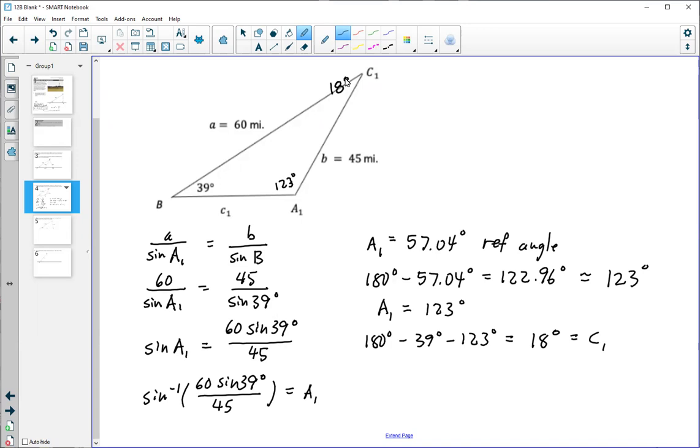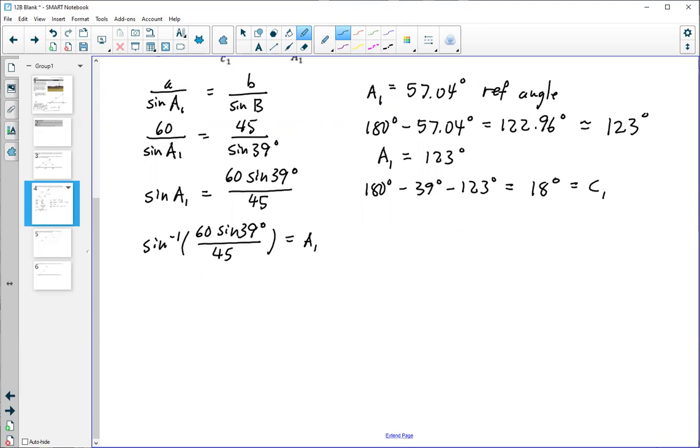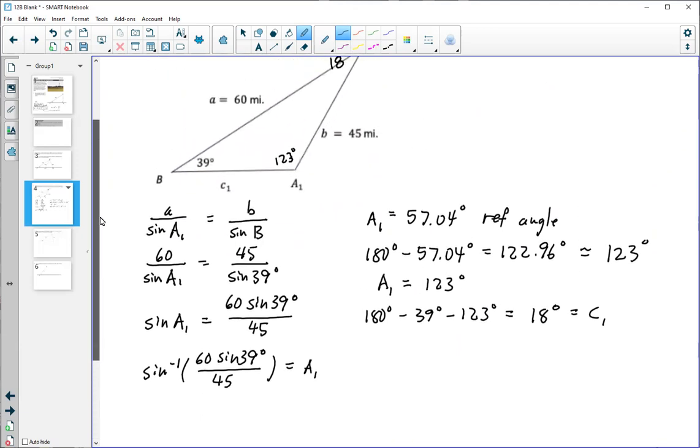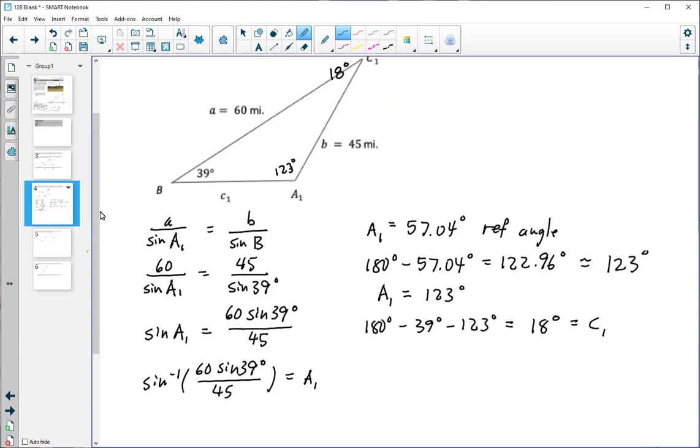So the last part that we have to find now is the side C1. We can use the law of sines to do this. Let me scroll up so we can see the triangle. We could write 45 over the sine of 39 degrees is equal to side C1 over the sine of 18 degrees.